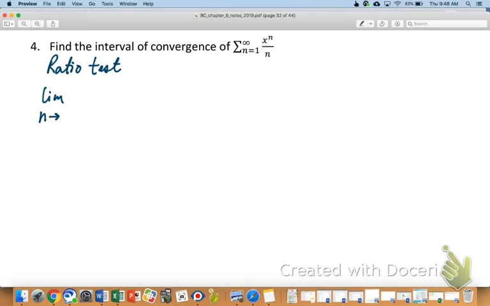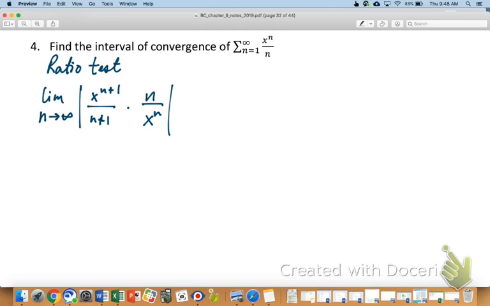Here's what it would look like. The limit as n heads towards infinity of the n plus 1th term divided by the nth term, also known as multiplied by the reciprocal of the nth term. In order for the ratio test to reveal convergence, this limit needs to be smaller than 1, equal to 1, or bigger than 1?